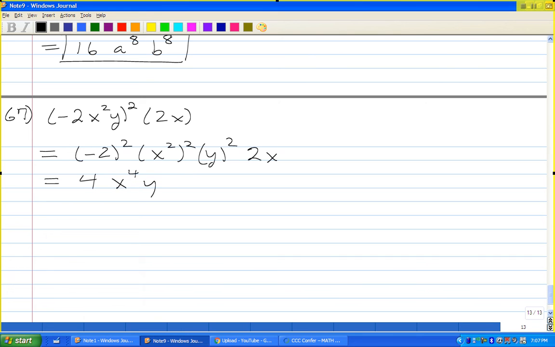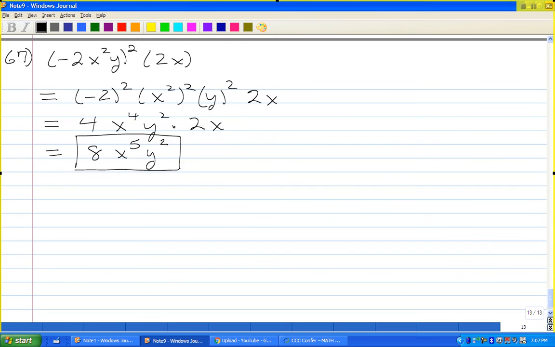Y squared is y squared, times 2x. 2 times 4 is 8. I have the same base, x, so add exponents. 4 plus 1 is 5, y squared. 69.